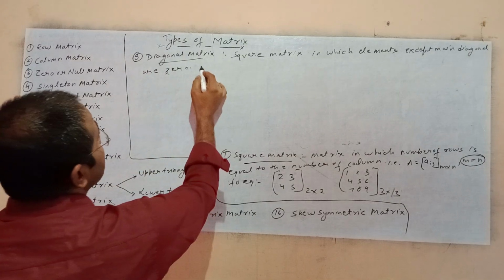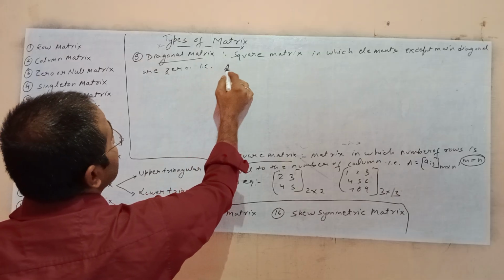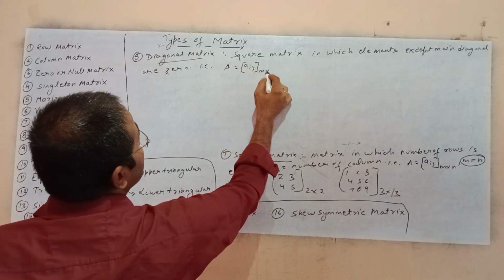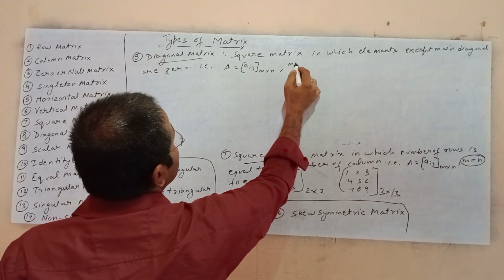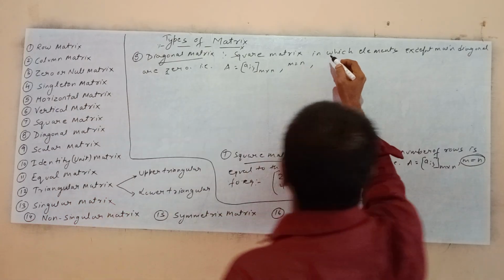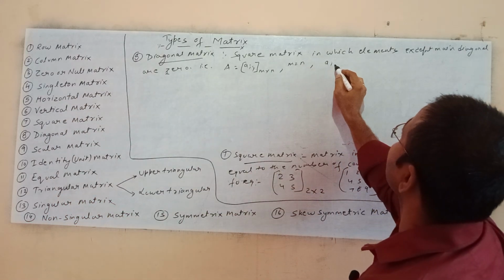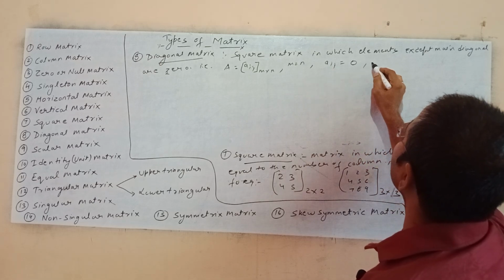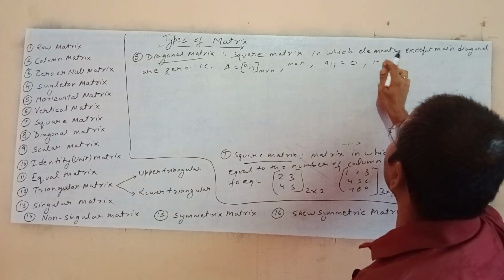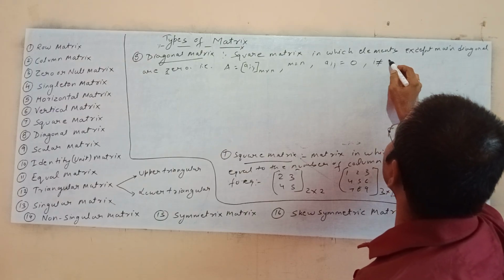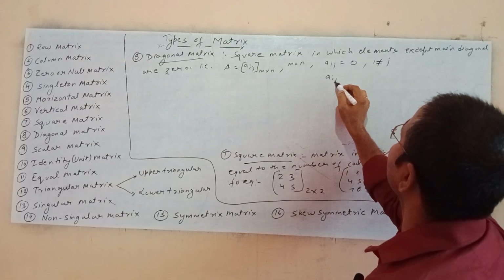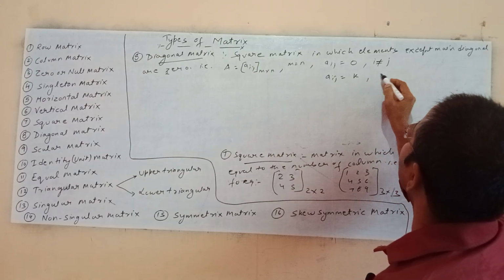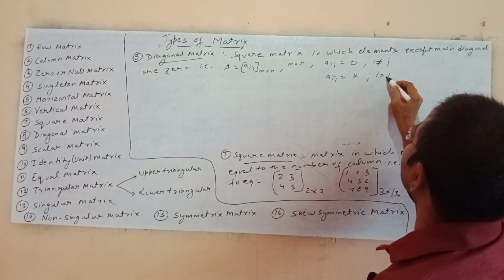It means that you can say A is equal to Aij m cross n, m is equal to n. Second thing, Aij is equal to 0 when i is not equal to j, and Aij is equal to a constant, any value, when i is equal to j.